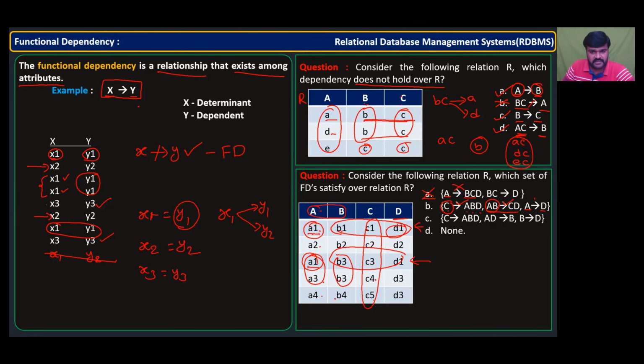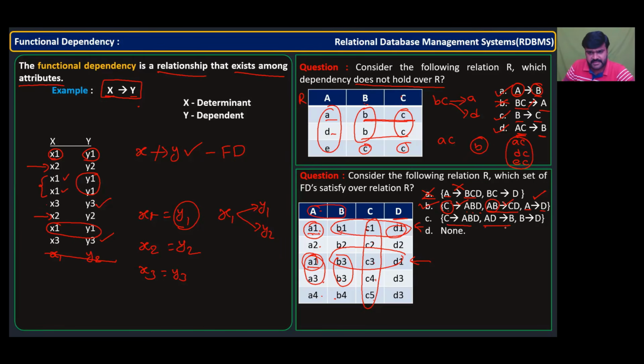Wherever you have A1, those places have D1, and the remaining are there one time only. So this is a valid FD. So all FDs are valid actually. So option B is the correct one. You can cross check this also. This is a repeated FD, above also there. So you can go for the next.